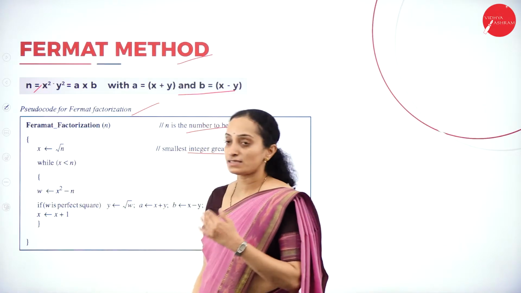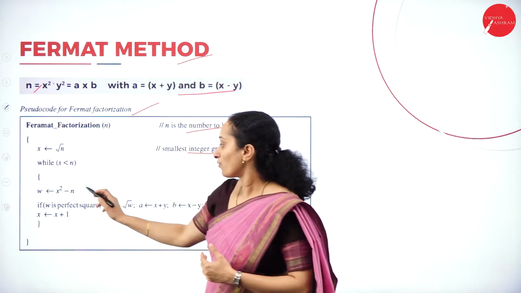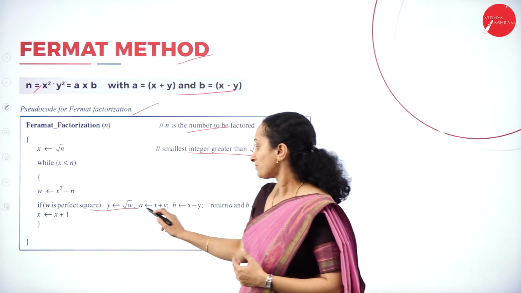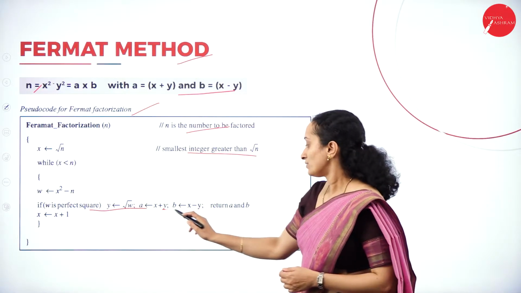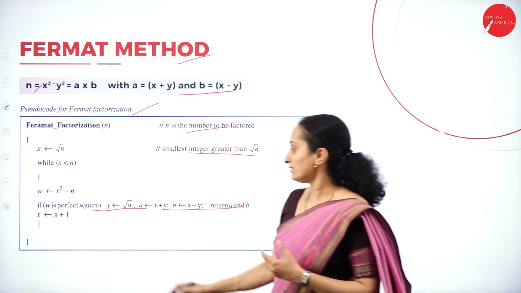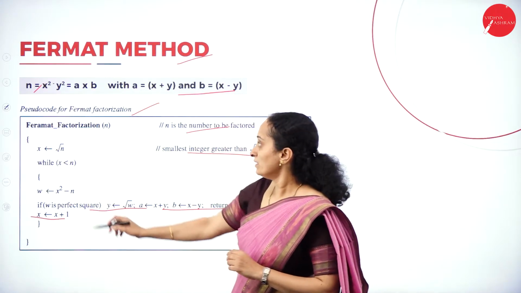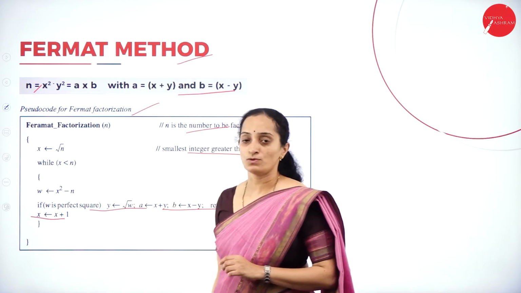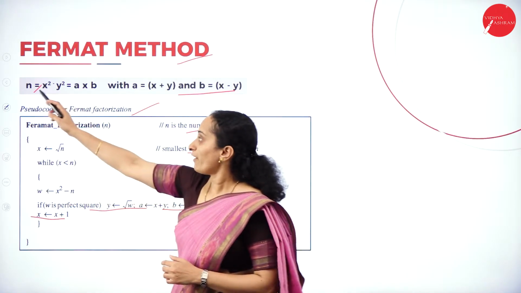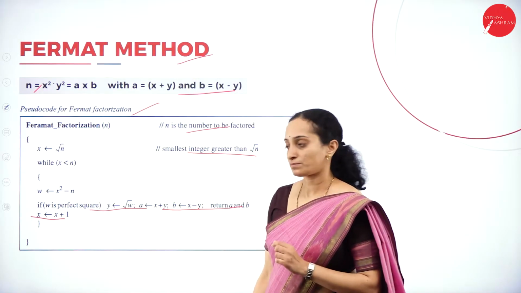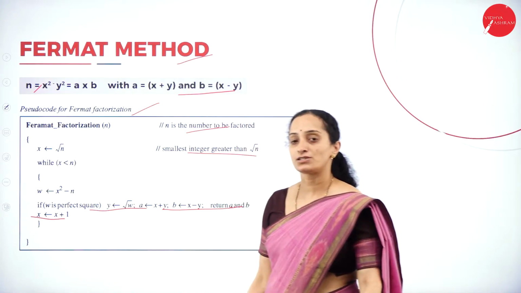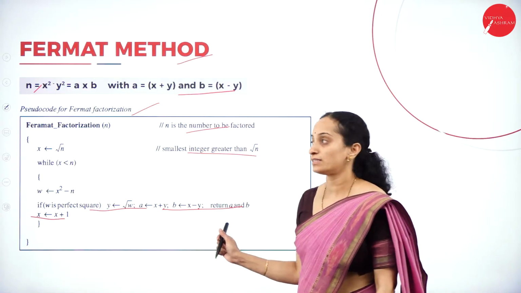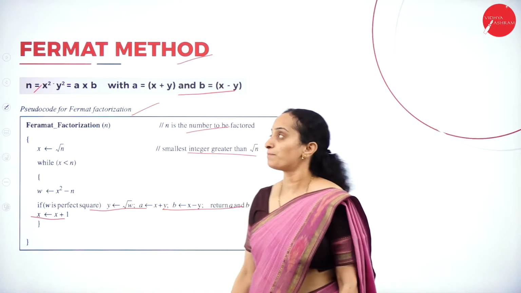Okay, while x is less than n, we go on repeatedly finding the square, which returns a comma b. So a comma b can be used to find out the factors of the number n. Okay, this is the pseudocode to find out the factorization using the Fermat method.